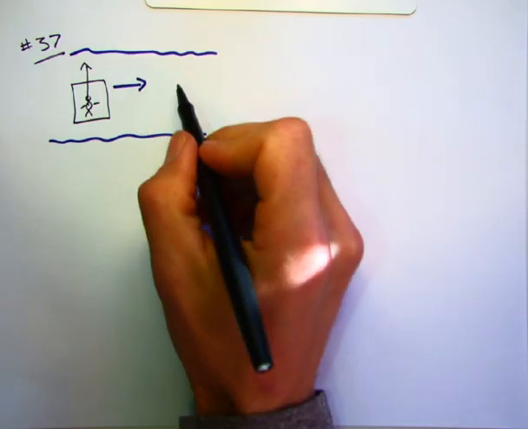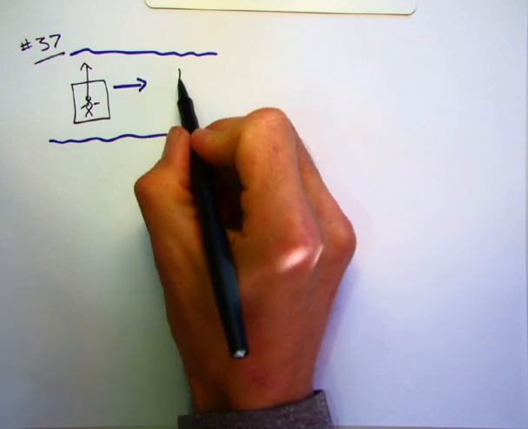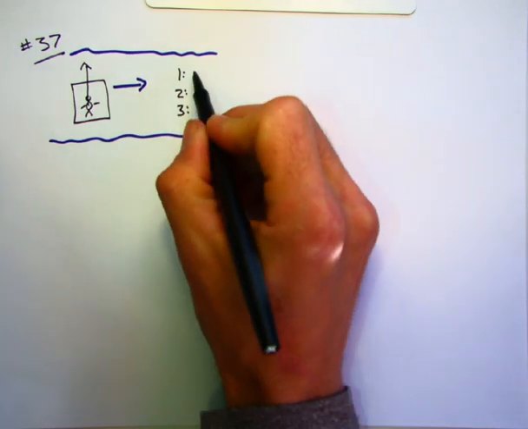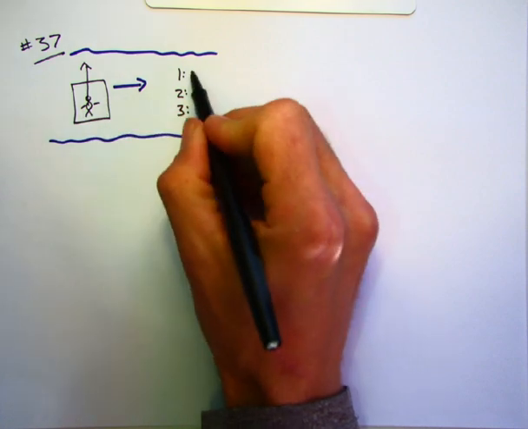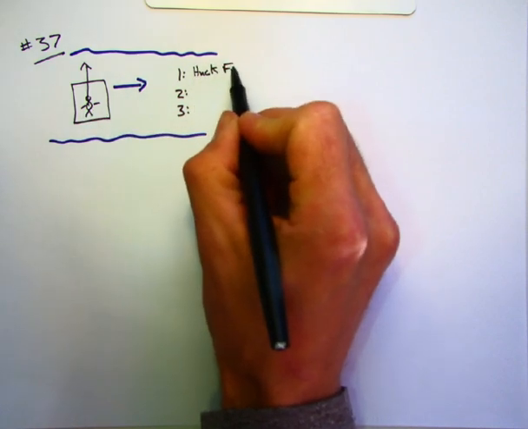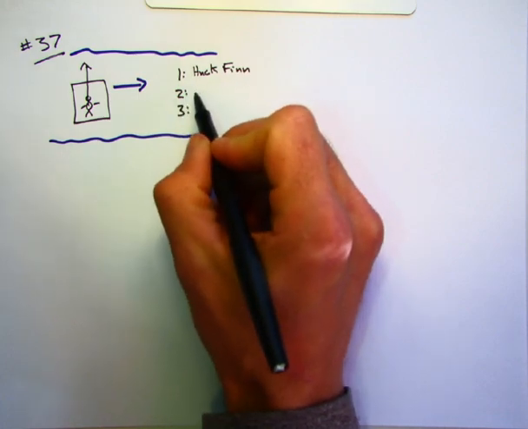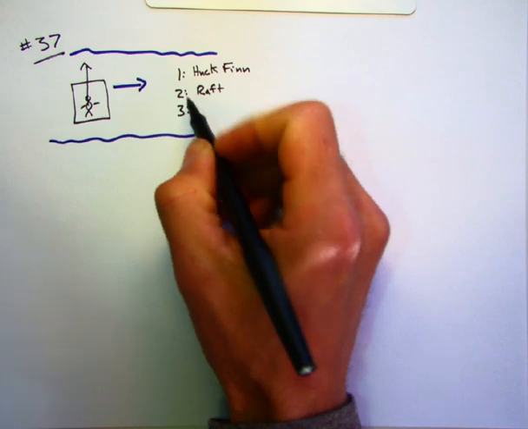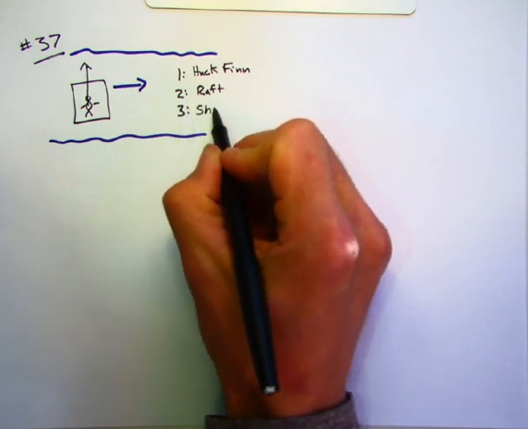Now, I always like to define my coordinate system. When I talk about variable 1, I'm going to be talking about Huck Finn. By 2, I mean the raft, and by 3, I mean the shore.